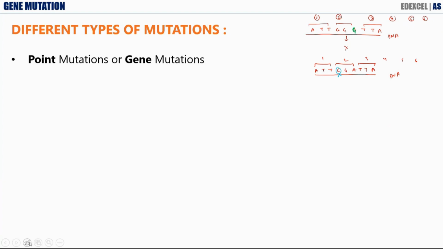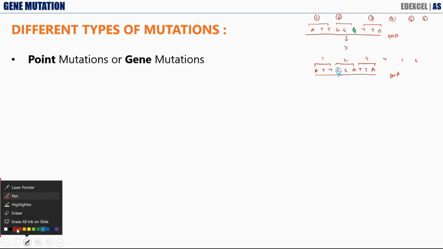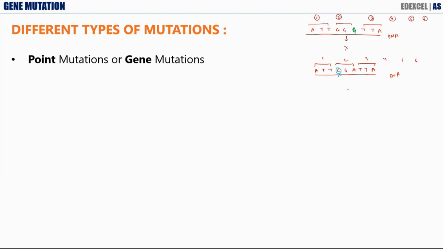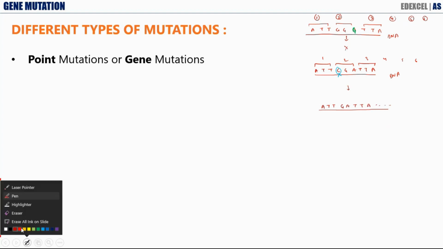What will be the effect of the deletion of C over here? First of all, let's figure out the new sequence. The new sequence will be ATT, ATT, GAT, then GAT onwards, whatever was there onwards.